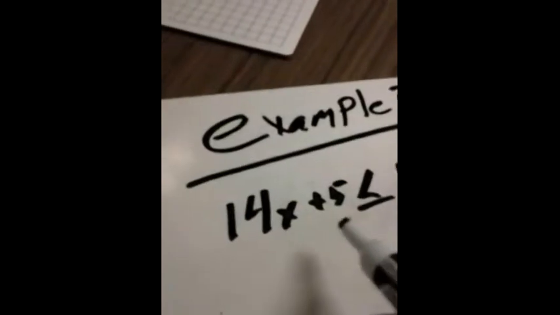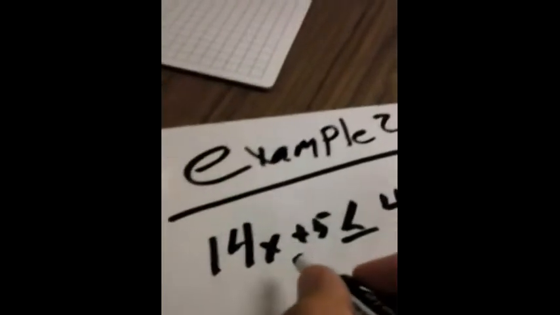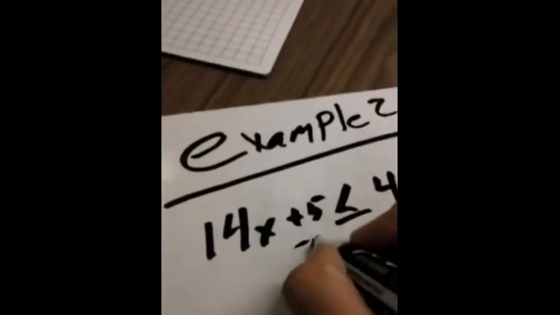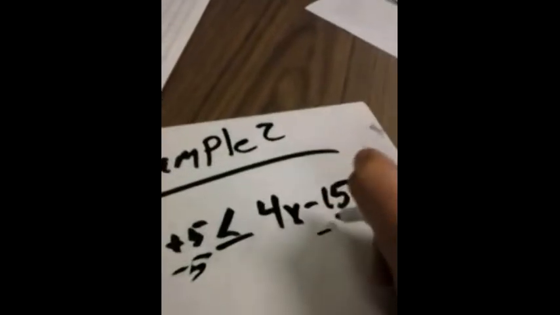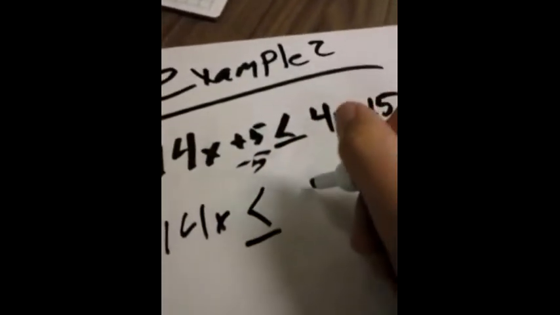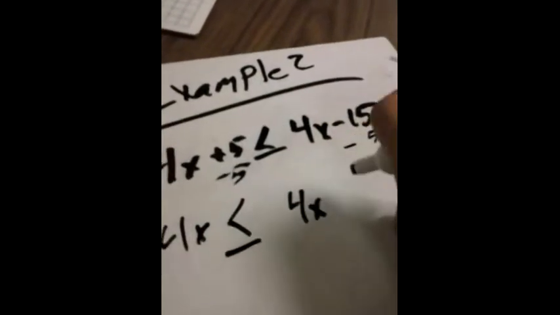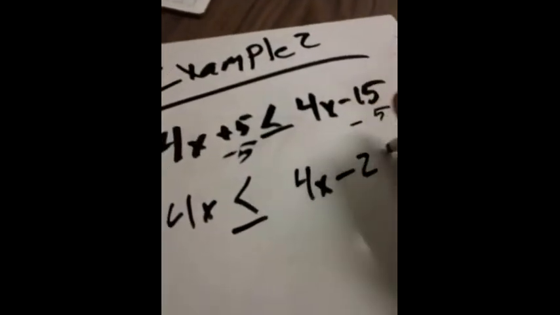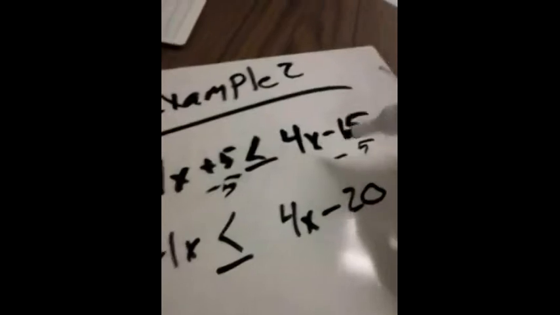Alright, here's example 2. 14x plus 5 is less than or equal to 4x minus 15. Okay, so first we subtract 5 from both sides. That brings us to 14x is less than or equal to 4x minus 20, because these are going to add up to be 20.